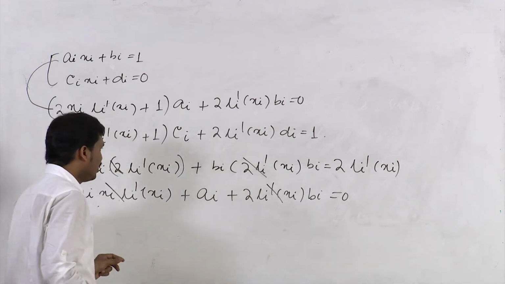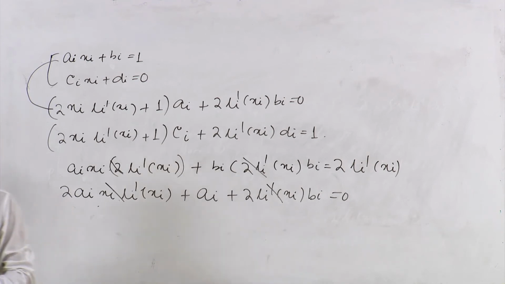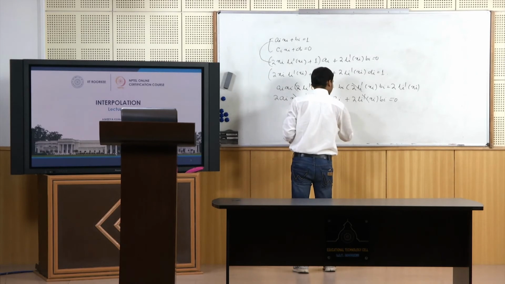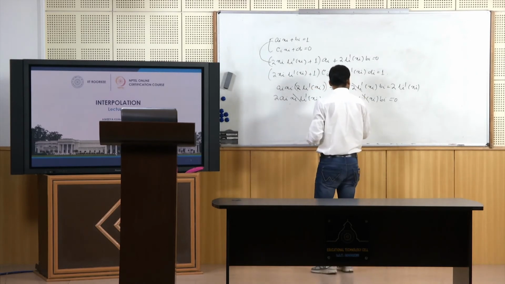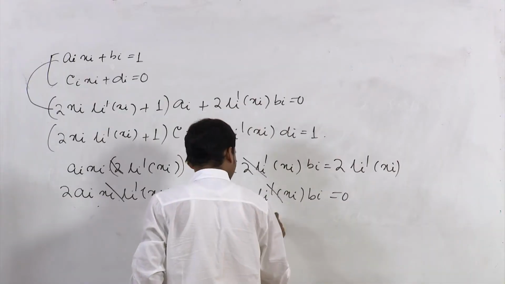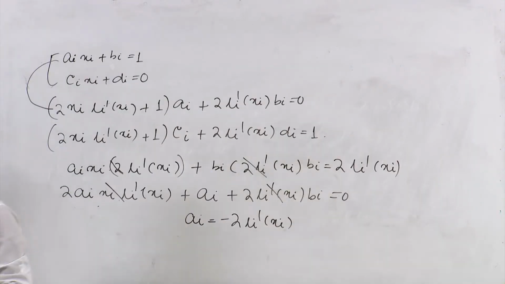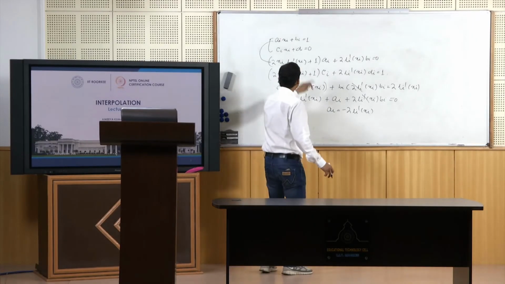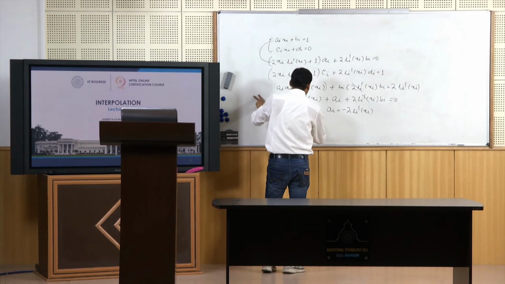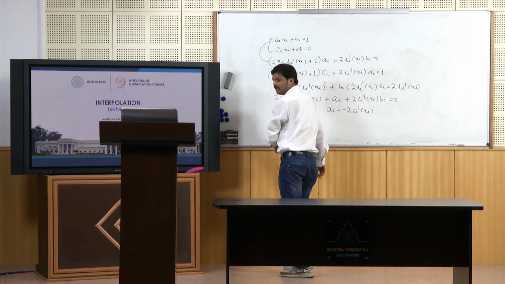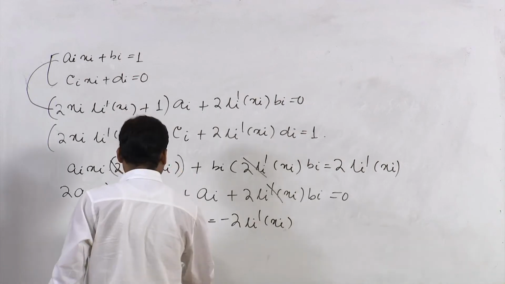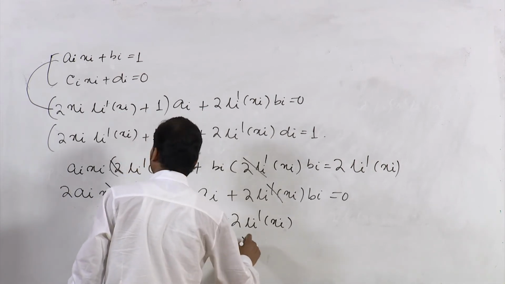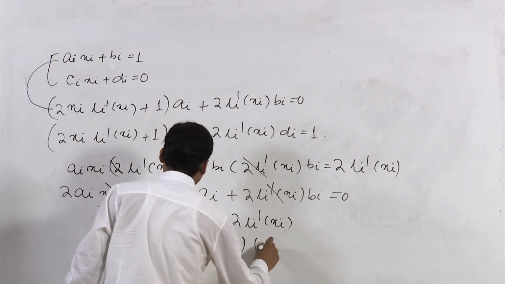So that is why we can obtain ai, by subtracting, as minus 2 li dash of xi. And if we put this ai coefficient in the first equation, we can obtain bi, and bi can be written in the form of 1 plus 2 li dash of xi into xi.